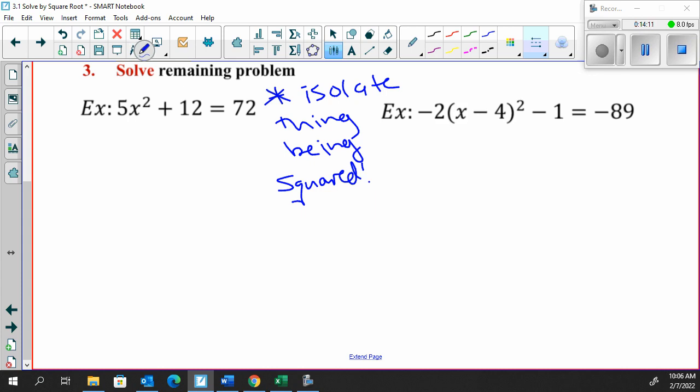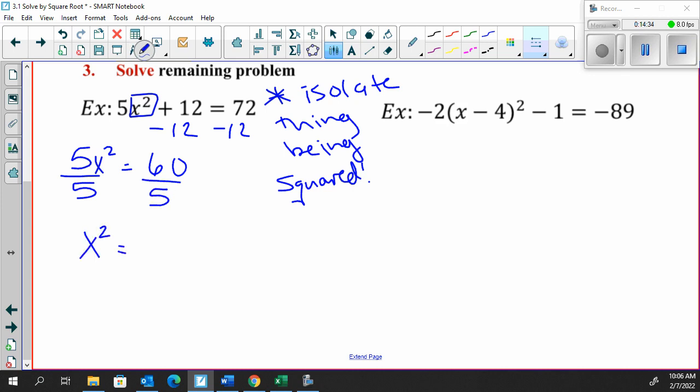So I need to get x squared alone. So what might you want to do? Okay. Minus 12, that'd get me 5x squared equals 60. Now what? Divide by 5. And I get x squared equals what? 12.